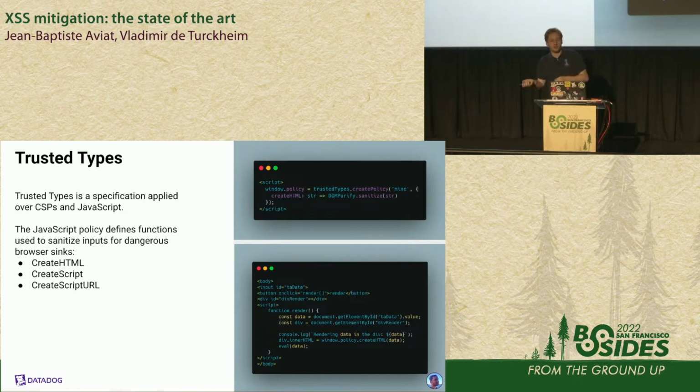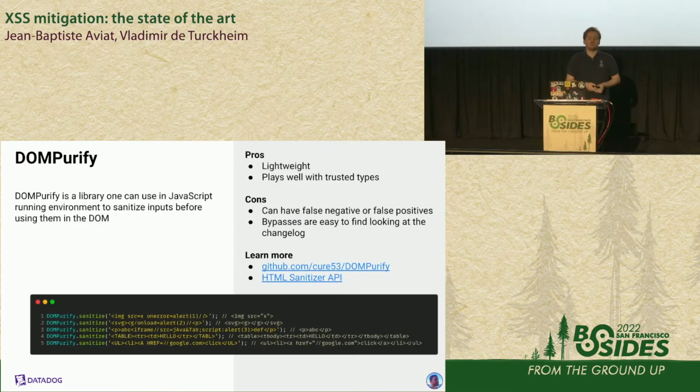And when you call innerHTML, for instance, with a string that is not the outcome of a sanitizing function, this will refuse to execute. We will demo that in a couple of slides, but the idea is that you cannot use these things without going through the policy.